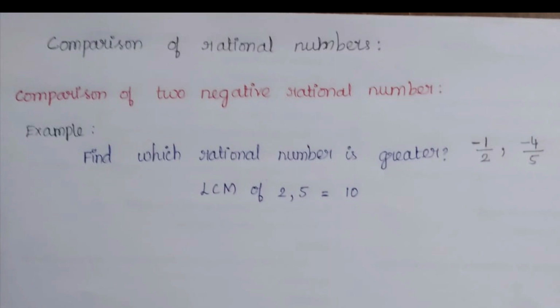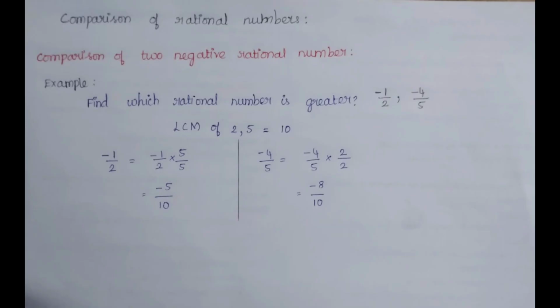We have to make the denominator the same for both rational numbers. To make 2 into 10, we have to multiply by 5. That is, minus 1 by 2 should be multiplied by 5 by 5. We get minus 5 by 10.